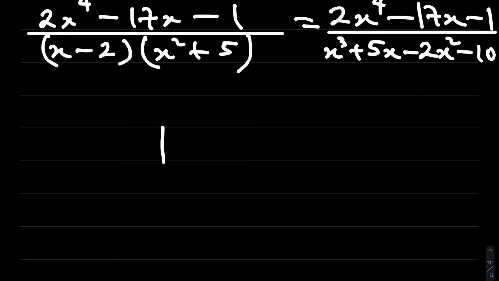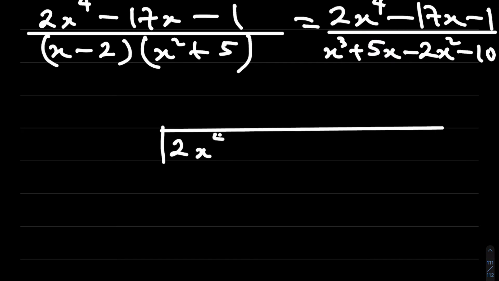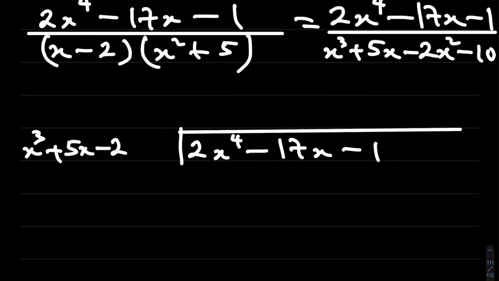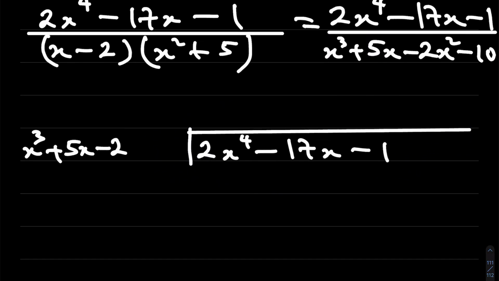I want to divide the numerator 2x raised to the power 4 minus 17x minus 1 by the denominator, x cubed plus 5x minus 2x squared minus 10.